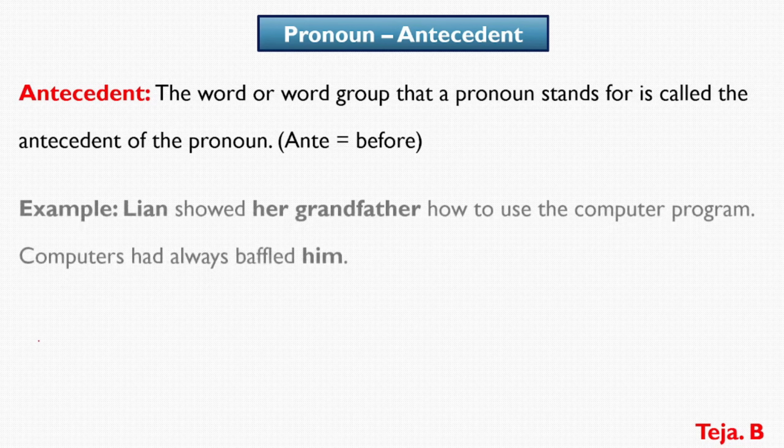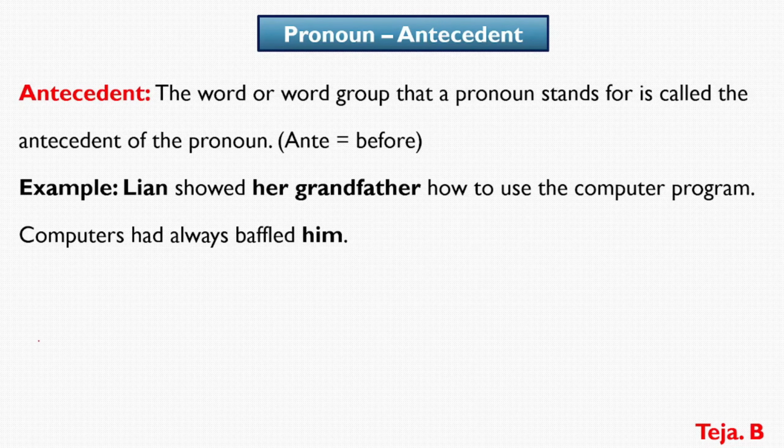Let's see. Here is an example. Leon showed her grandfather how to use the computer program. Computers had always baffled him. Here are the two sentences, right? Here, her is a pronoun and him is a pronoun, right? Her is a pronoun which is used in the place of Leon.